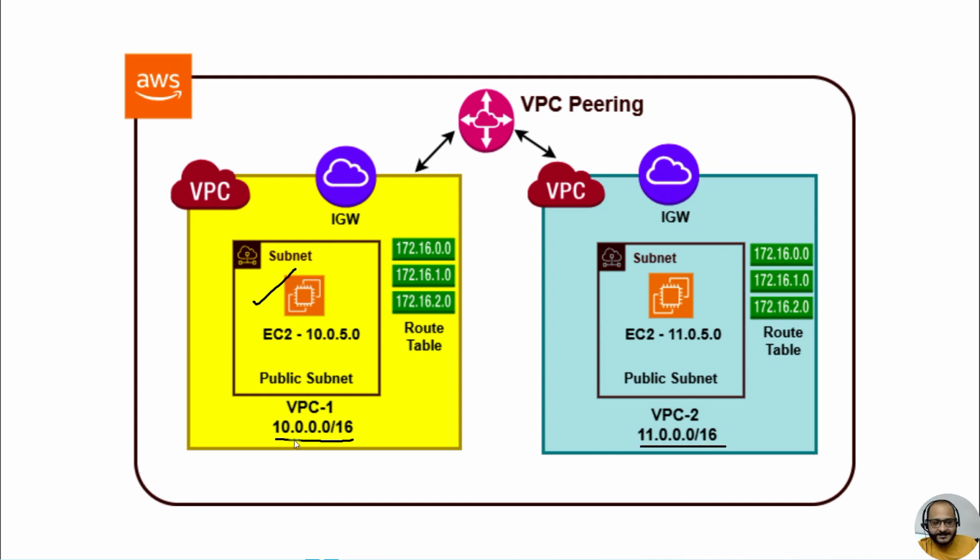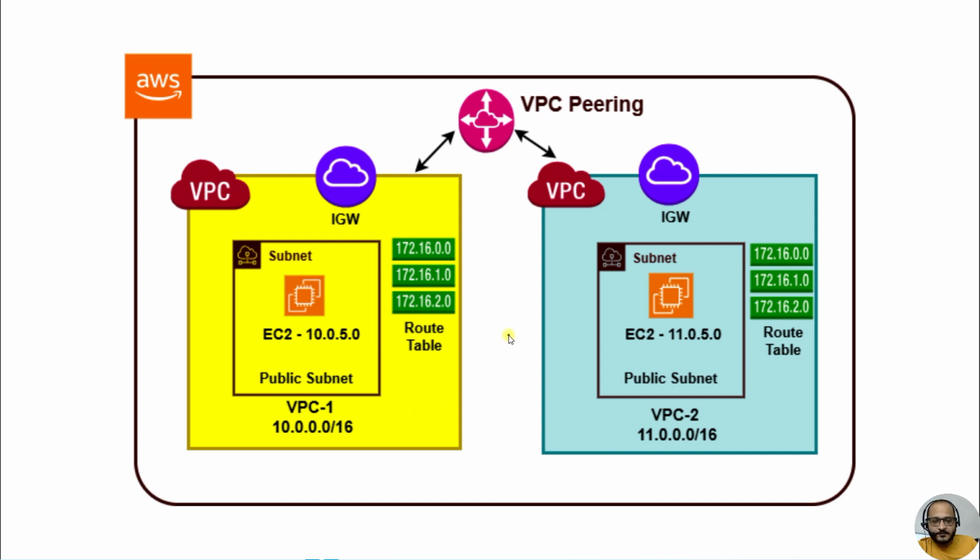For VPC1 it starts from 10.0 and for VPC2 it starts from 11.0. So it means they are on different networks and they cannot communicate with each other. Suppose this EC2 instance wants to communicate with that EC2 instance, they cannot communicate directly with their private IP addresses. Either they have to go through the public IP address.